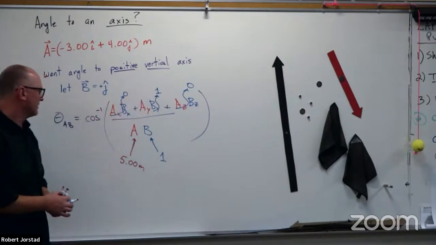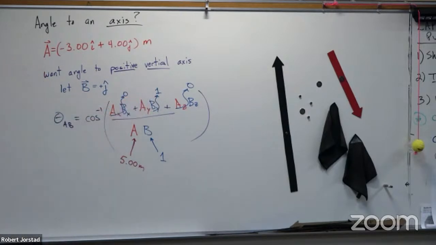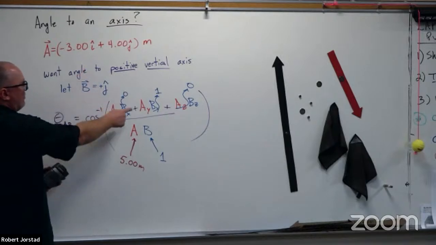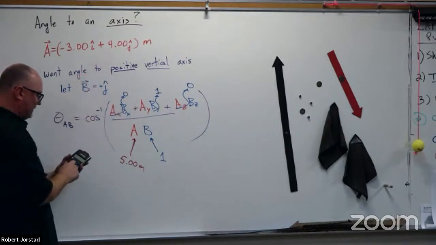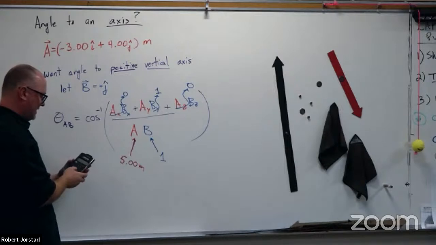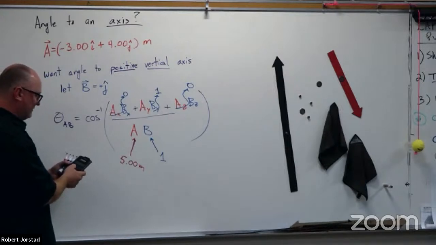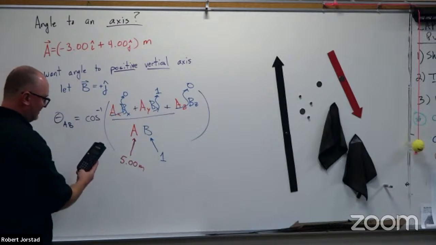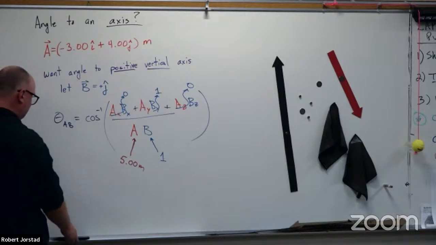All right. So in this case, I might as well do it because we're right here. Where's my calculator? There it is. Clear. Okay, so when I rock this out, I'm going to basically get AY is 4, so 4 divided by 5. I'm going to cosine inverse that. And I get 36.87.